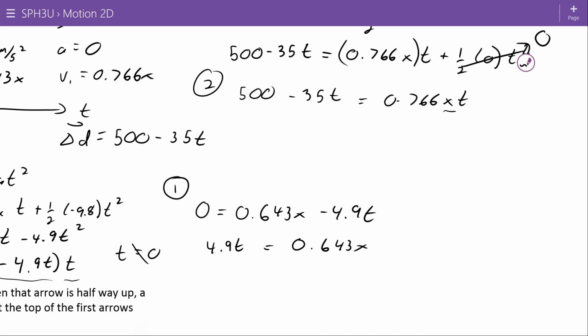So if I divide both sides by 0.643, x equals 7.62t, and then I take that x, is that right? Yep. And then I take that x and I stick it into this equation up here.